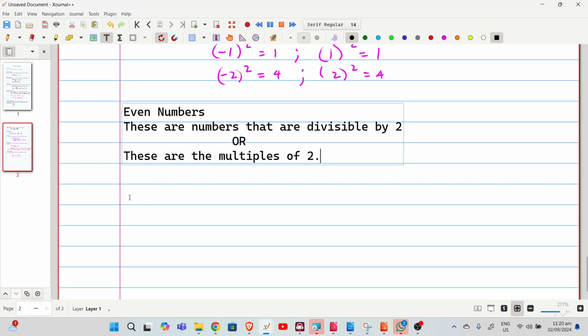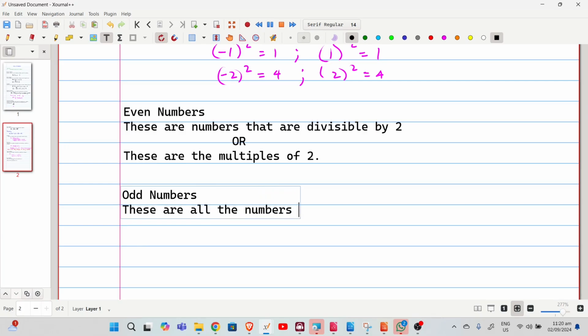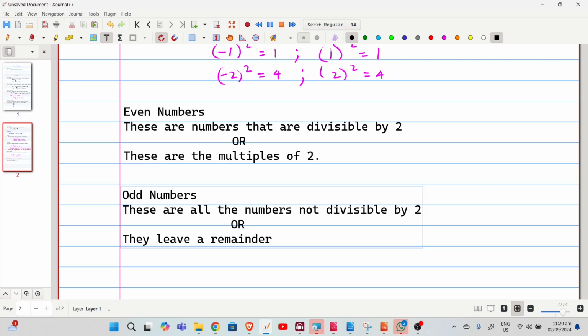Next, we have the odd numbers. Odd numbers, and these are all the numbers not divisible by 2, or what we can say is they leave a remainder 1 when divided by 2.